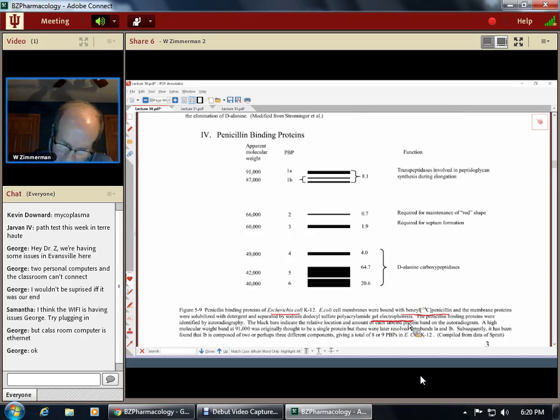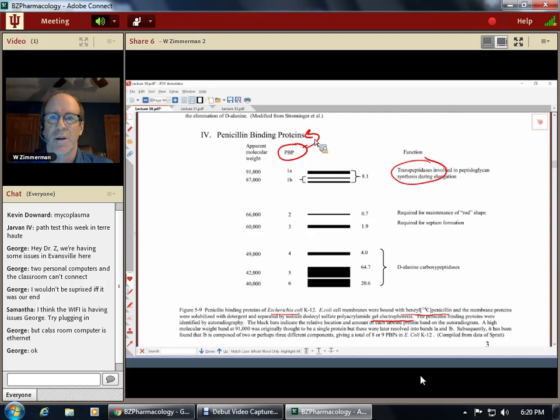And when we look at this, yeah, okay, here's the transpeptidases. Certainly they, by the way, PBP stands for penicillin binding proteins. So we've got these penicillin binding proteins.